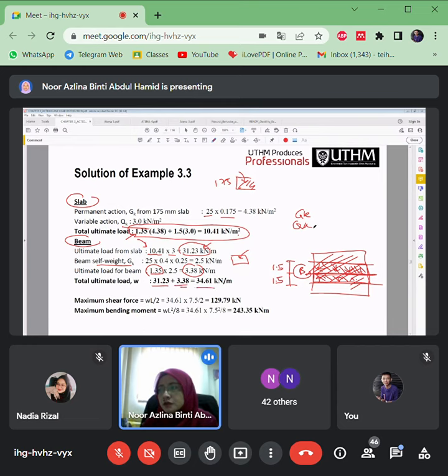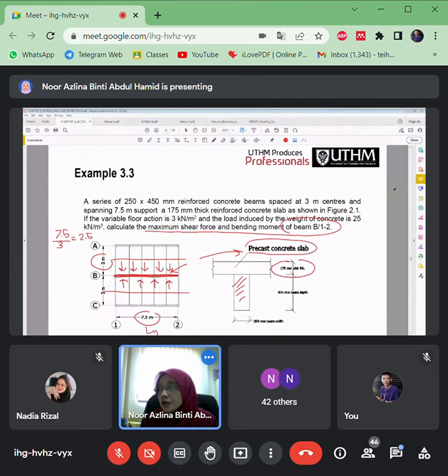So this is the total for beam B. Beam B grid line 1 to 2 is just a simply supported beam. So this is a simple uniform load, 34.61 kilonewton per meter, with length 8 meter. Right? 7.5, yes.